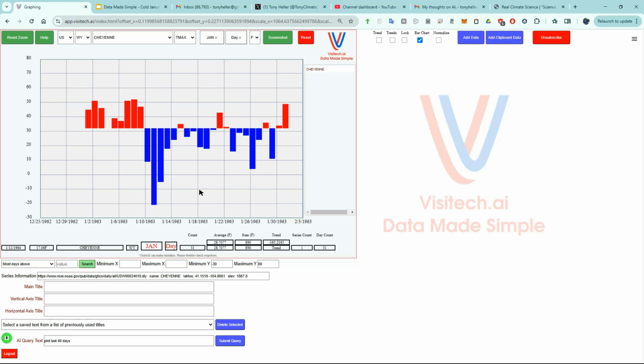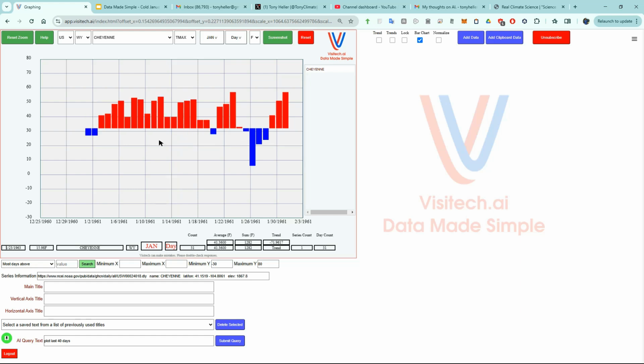We can see that January 1963 was a very cold month in Cheyenne, with the average maximum temperature below 29 degrees and a lot of very cold days. But January 1961 was a very warm month, with only a few days that didn't make it up to freezing.